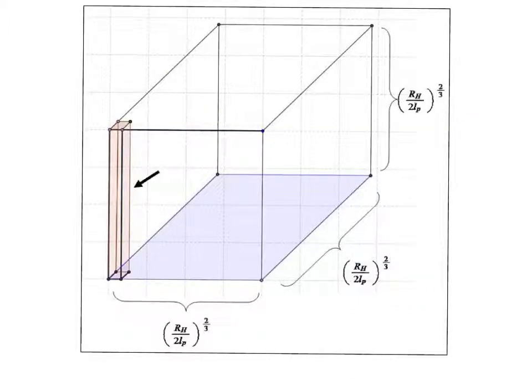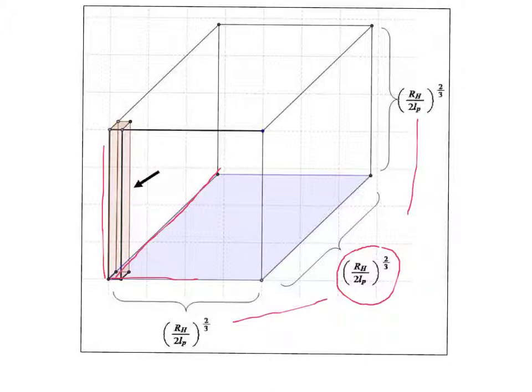And our cube diagram might help visualize this. The large number, r sub h over 2lp squared, can be split into 3 sides on a cube, each side being r sub h over 2lp to the 2/3 power, and the product of these 3 would be r sub h over 2lp squared. Now the blue here, representing the bottom, is the number of elementary particles.